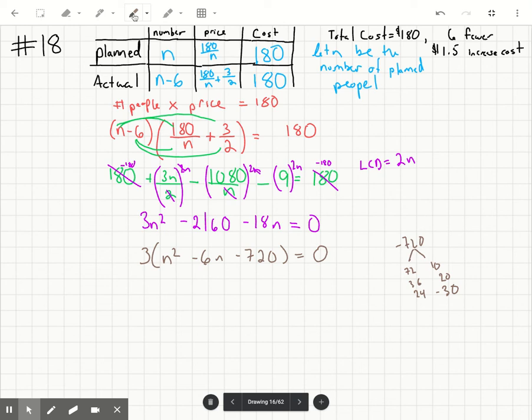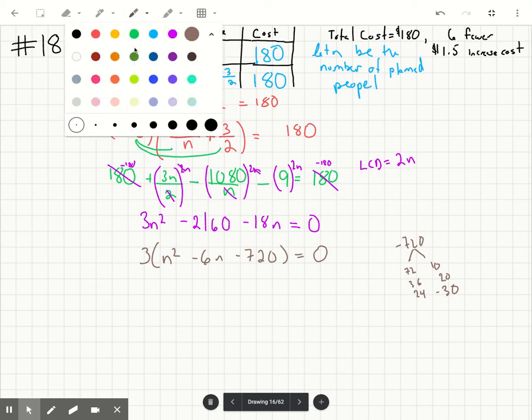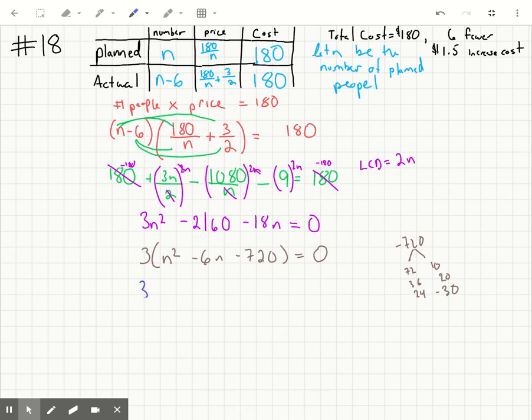Let's change colors again. Let's go with a dark blue here. Okay, so 3 times (n minus 30) times (n plus 24) equals 0. That would mean n is equal to 30.